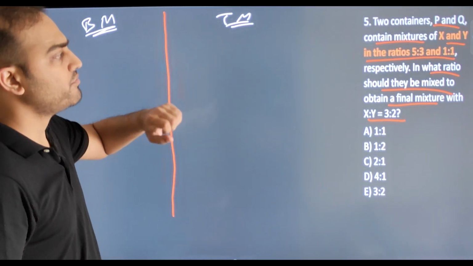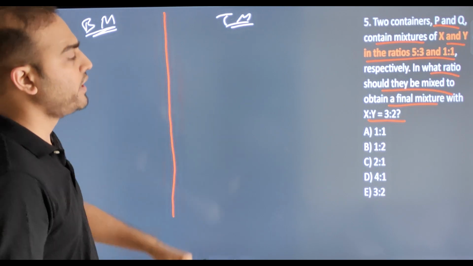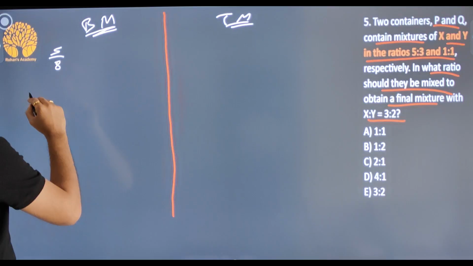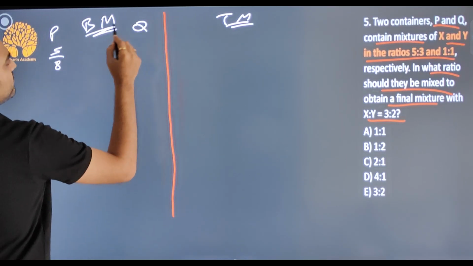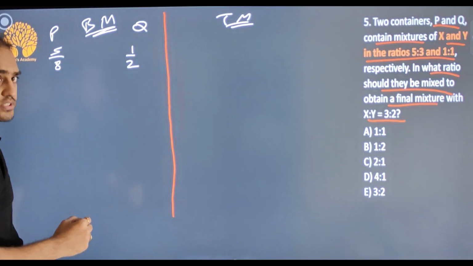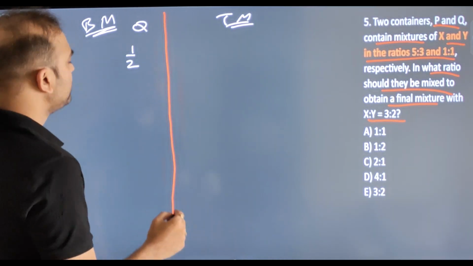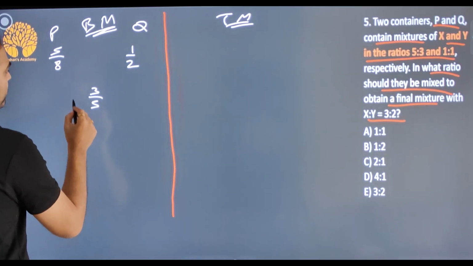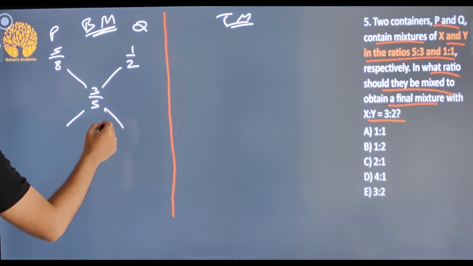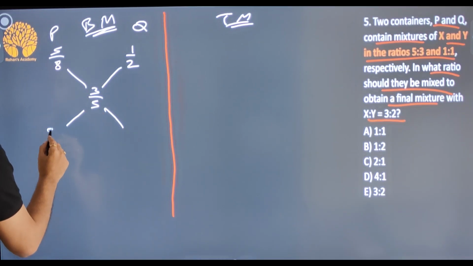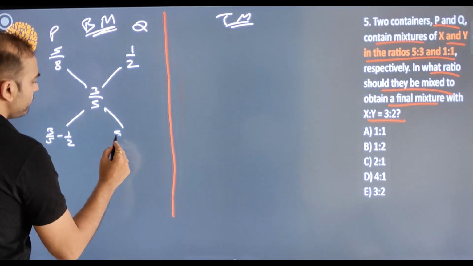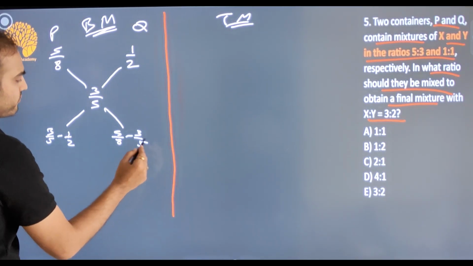Say I want to make the equation for x, the proportion of x. The proportion of x in the first one, container P, is 5 by 8. The proportion of x in the second one, Q, is 1 by 2, and the proportion of x in the mixture is 3 by 5. So I make my arrows, the butterfly, and subtract the values. This is 3 by 5 minus 1 by 2, and this is 5 by 8 minus 3 by 5.